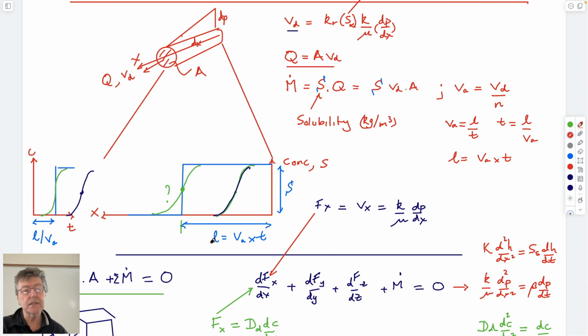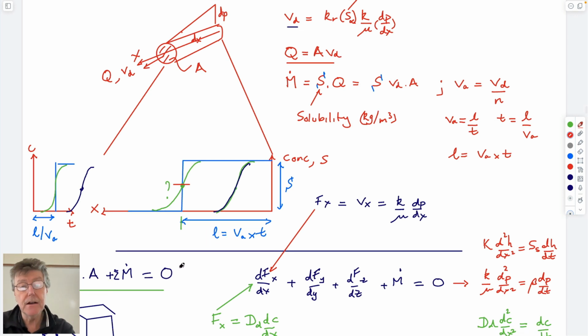And I guess what we were asking is, how do we quantify this curve? Is it always true that the length traveled is given by the advective velocity times time? Is it always true that the midpoint on this curve occurs at that arrival time, or does it differ?